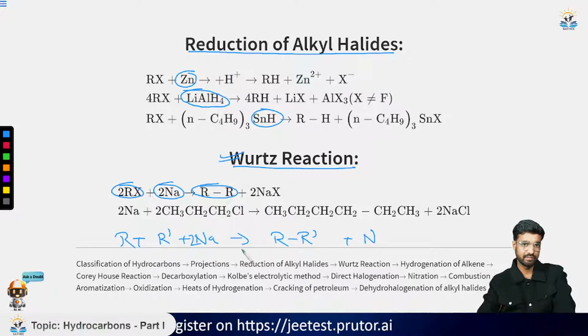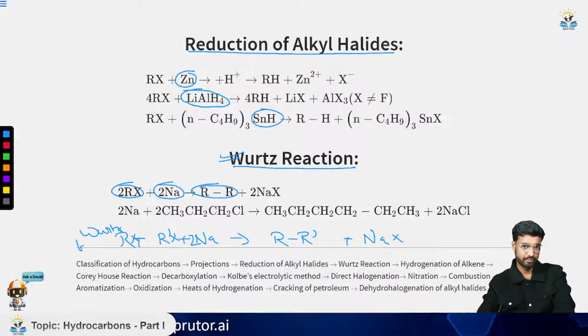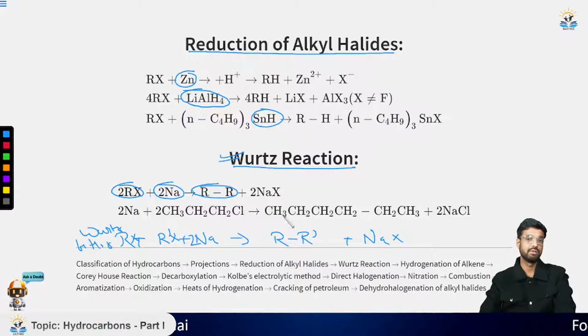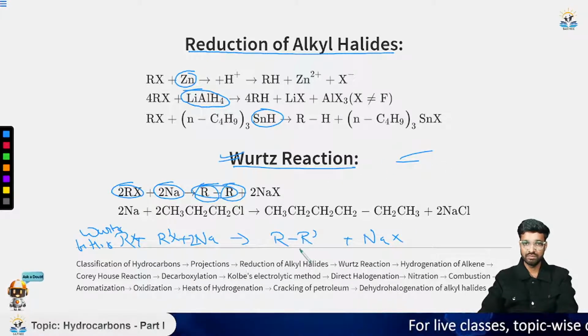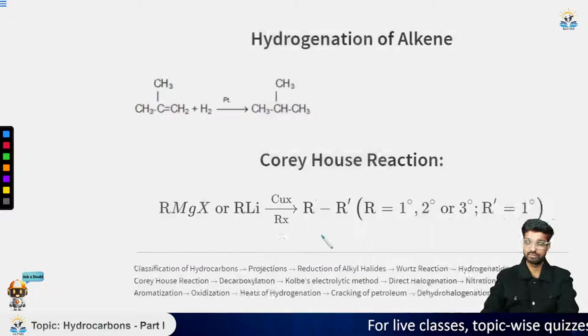In that case, both have an X. So this reaction we will call the Wurtz-Fittig reaction. If both the alkyl groups are the same on the single bond side, then it is called the Wurtz reaction, and in case of different alkyl groups, we call it the Wurtz-Fittig reaction.